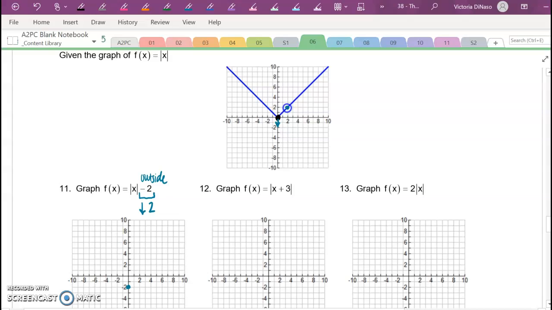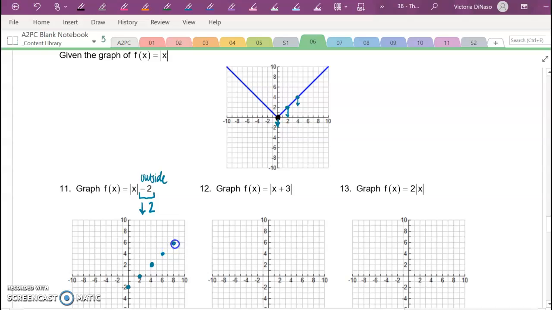And then I'm just going to pick 2, 2 next. So I'm going to go to 2, 2, and I'm going to count down 2. And I'm going to plot my point. You can go to 3, 3 next, and then go down 2, right? And then you're at 3, 1. I just like to go up by 2s. So 4, 4. And then I'm going to go down 2. We have our new coordinate. You might see a pattern, which is perfect.